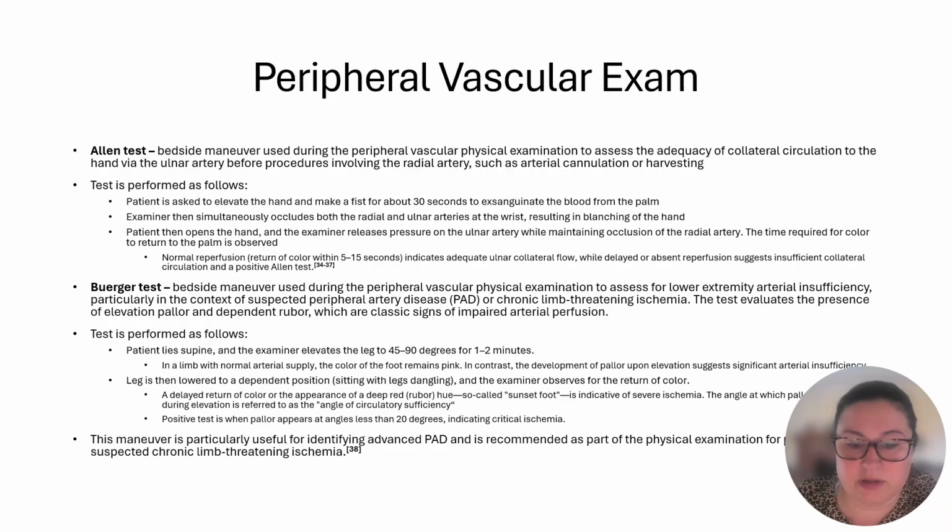Delayed return of color and the appearance of a deep, ruddy red hue, also called sunset foot, is indicative of severe ischemia. A positive test is when pallor appears at angles less than 20 degrees, indicating critical ischemia.